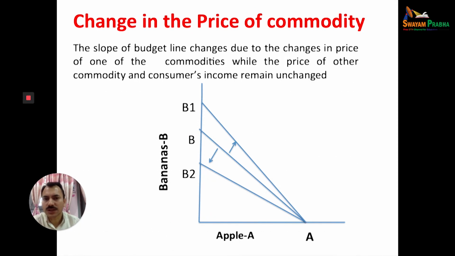The slope of the budget line changes due to a change in the price of one commodity, while the price of another commodity and consumer's income remain unchanged. We have to assume this. Then this diagram will be the shift in the price line of a commodity.